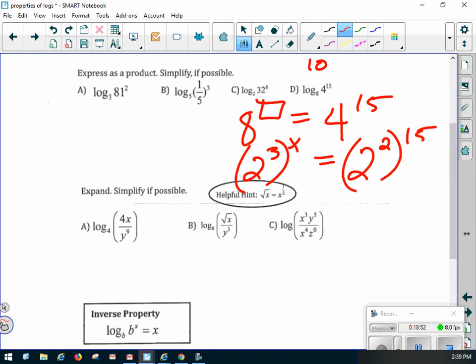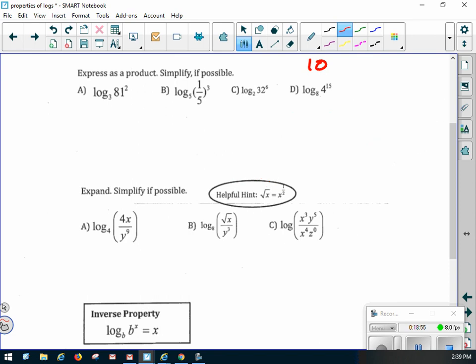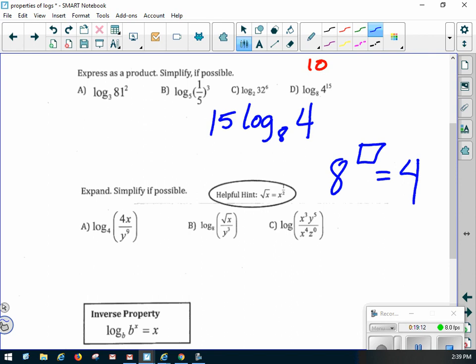Let's talk about another way to do it. What could I do with that exponent of 15? Move it to the front, so I'd have 15 log base 8 of 4. Now we're thinking 8 to what power equals 4? That's going to be 2 to the 3rd power.